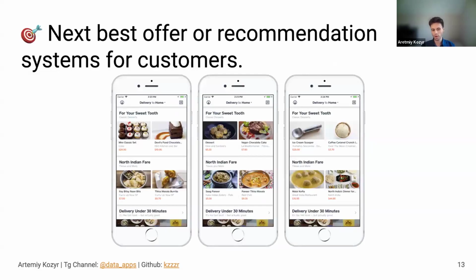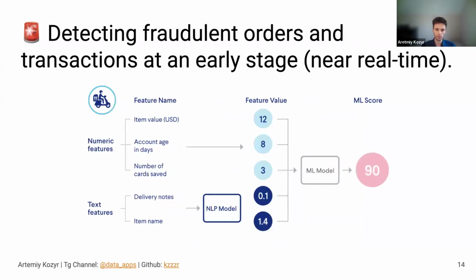Next one is recommendation systems, the next best offer, something granularly picked for you individually that increases the chance you will buy it, add it to your cart, and increase the check and proceed with this order, for example.